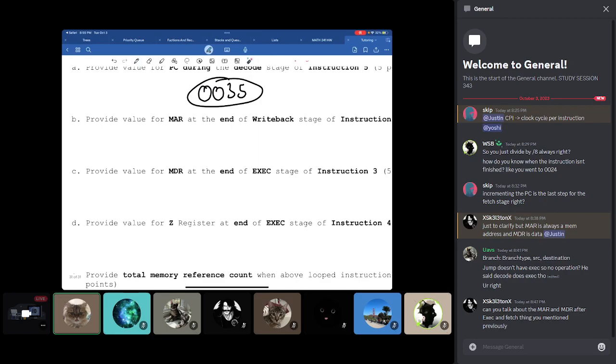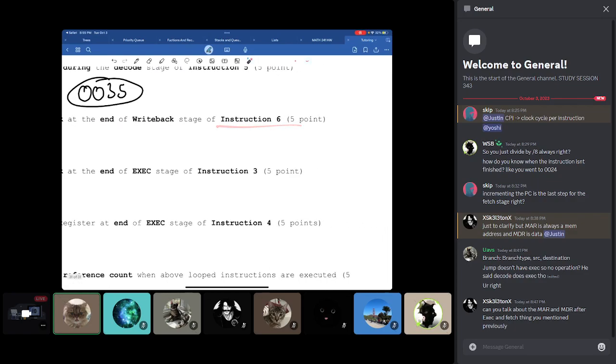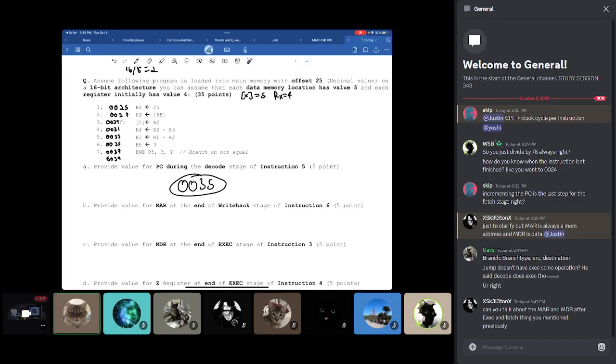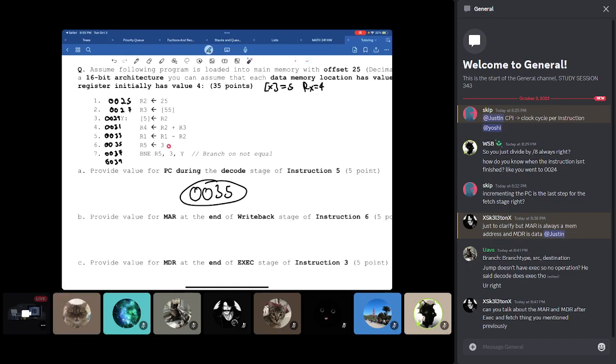Next it says provide the value for MAR at the end of writeback stage of instruction 6. So let's go to instruction 6 right here. And we're providing the value of MAR. We know that this is an R type instruction because we're loading an immediate value into whatever register, right? And because of this, that means that we never touch MAR past the fetch stage, right?